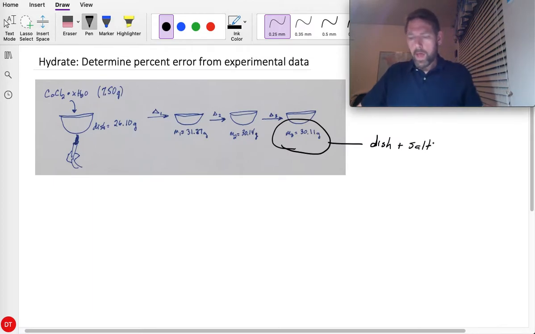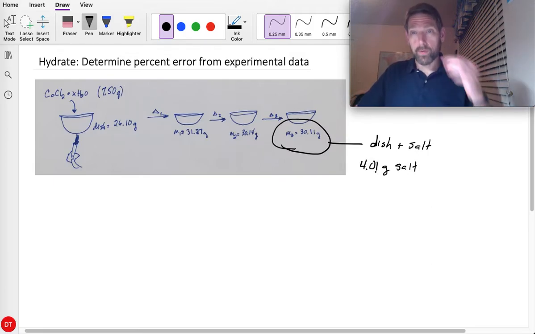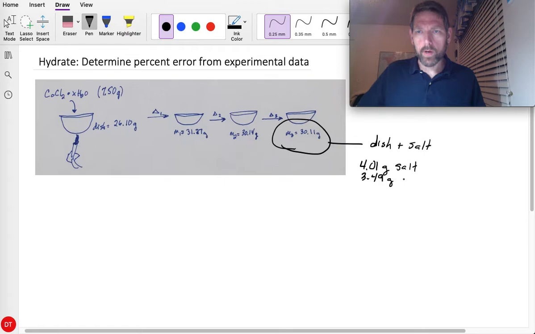We had figured out that 4.01 grams of salt is what we still had in the dish after the 3 heatings, and then we had 3.49 grams of water that had evolved off from the reaction due to the heating process.